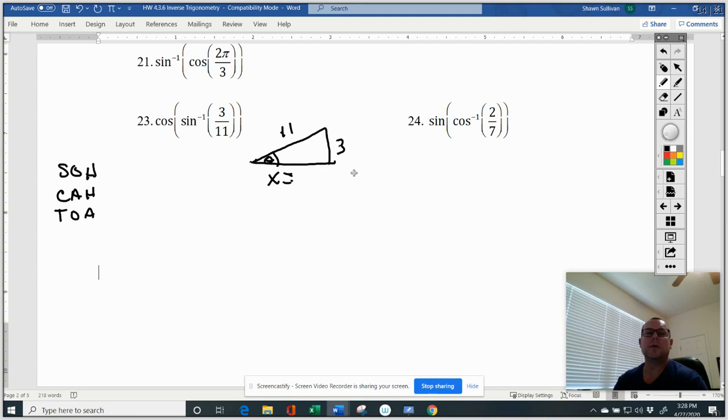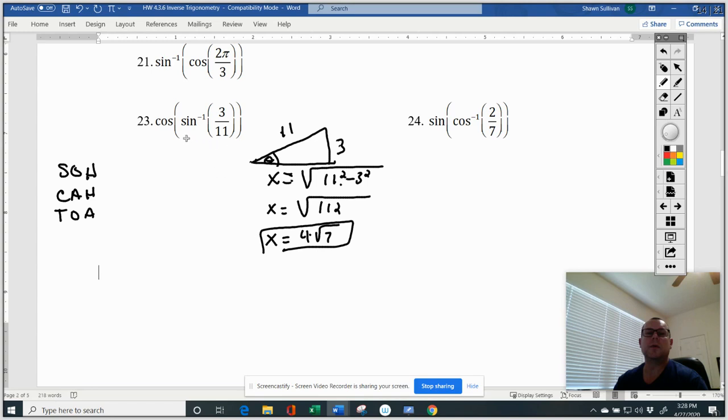And so we're going to use the Pythagorean theorem, and we know that this x is equal to the square root of 11 squared minus 3 squared. And so x is equal to the square root of 121 minus 9, which is 112. And we need to simplify this. So it looks like we can pull out a 4, and that's 4 square roots of 7. And so that's our x value.